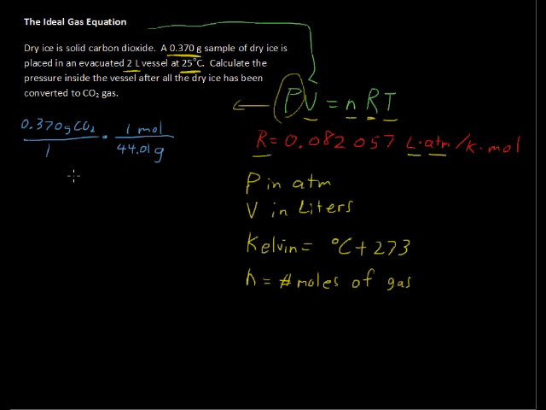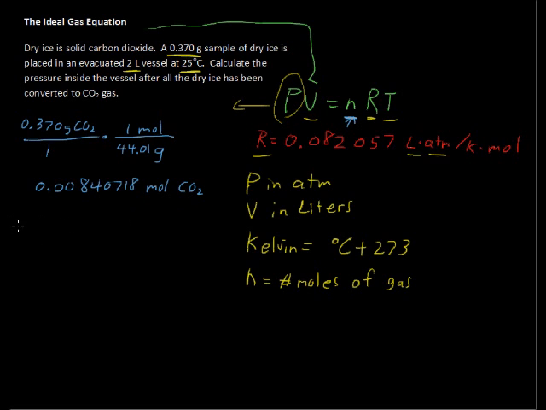Grams cancels out, and it turns out that we have approximately 0.008407118 moles of the CO2. And that's what we're going to use here for n. Okay, and I've held on to all the decimal places. Of course, don't round until the end.